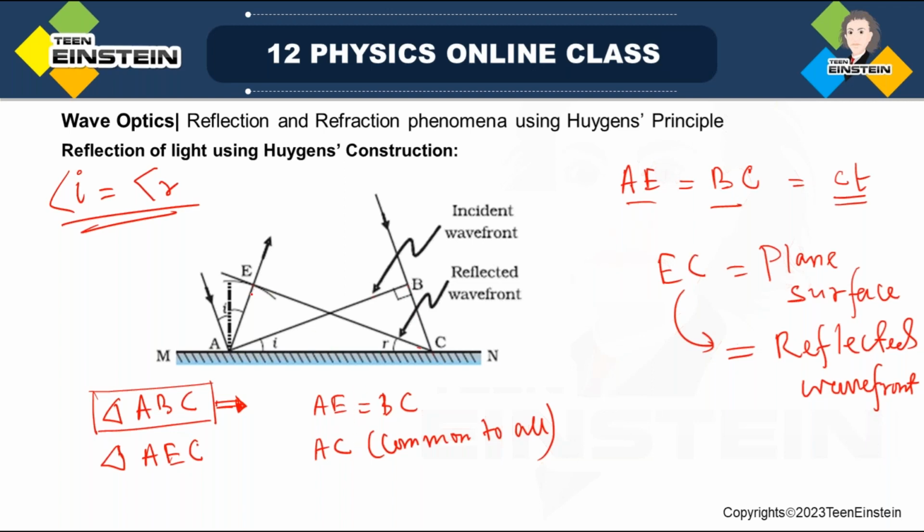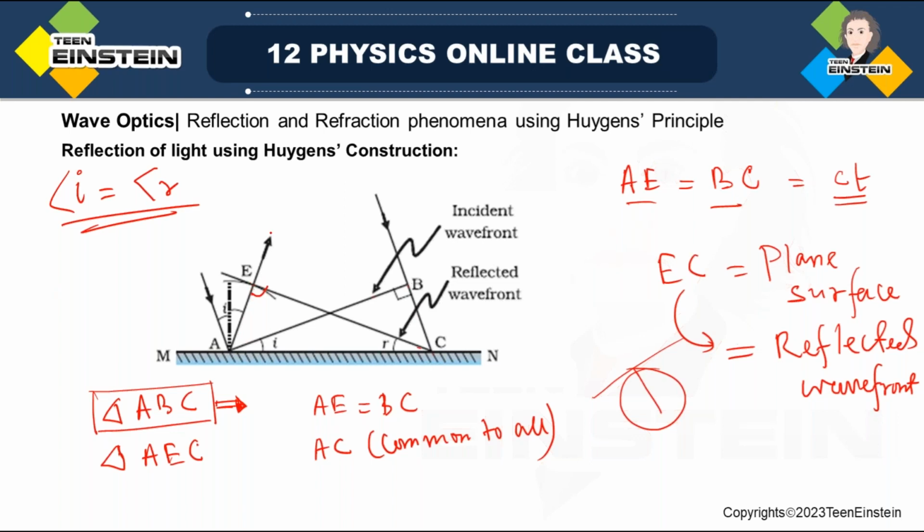So I have got two sides of the triangles equal. Now one angle: look at this angle, this is actually tangent to the spherical wavefront, right? Any tangent makes 90 degrees with the radius, isn't it? This is the ray, and a ray is always perpendicular to the wavefront.